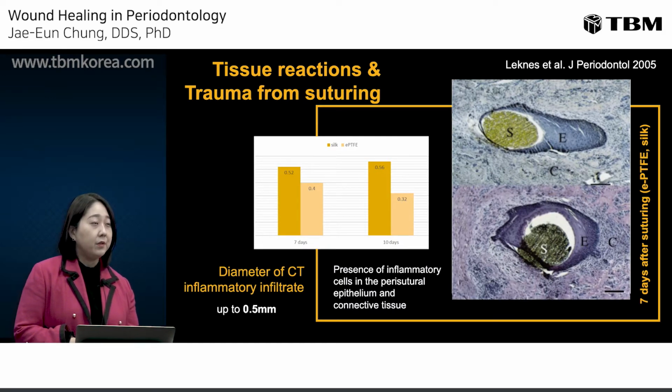We should always consider that the suture can be a trauma to the wound site. As you can see in this figure, around the suture material, inflammatory cells infiltrated up to 0.5 mm, and the inflammatory infiltrate region is larger with silk material than with Gore-Tex suture.